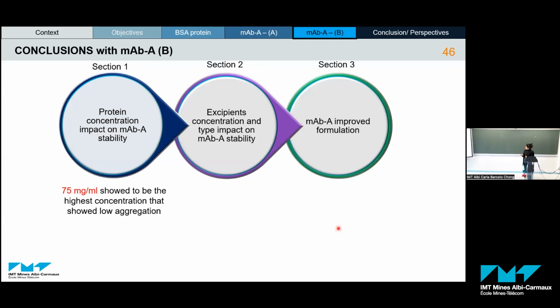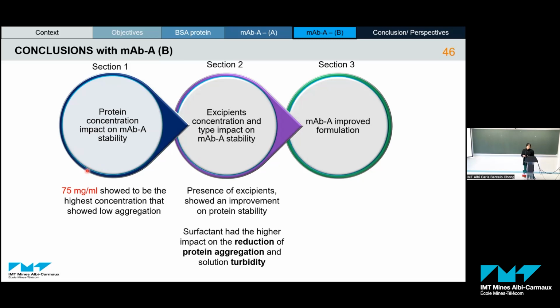And finally, for the conclusions of this part of the study of the improved formulation, we obtained that the protein concentration working for our formulation to obtain lower aggregation was 75 milligrams per ml, showing that the concentration of the protein has an impact when spray drying.